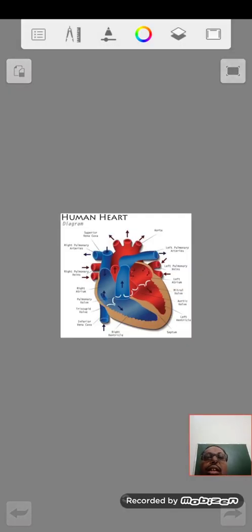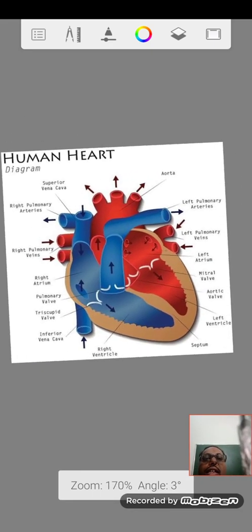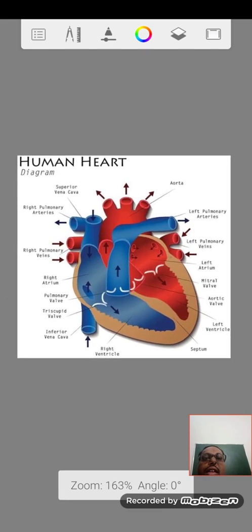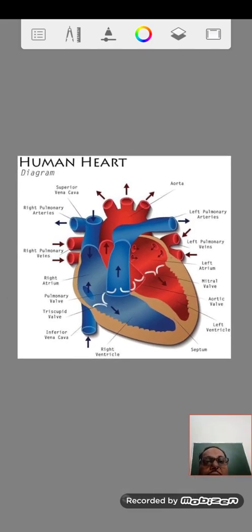If you see here, this is the diagram of the human heart, and it has four chambers. This is the left side and this is the right side. The left side is responsible for carrying the oxygenated blood, and the right side is responsible for carrying the deoxygenated blood.